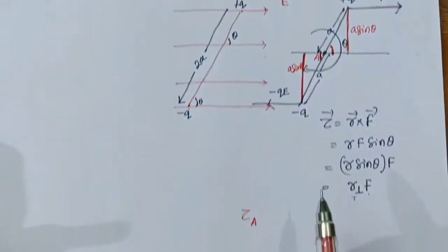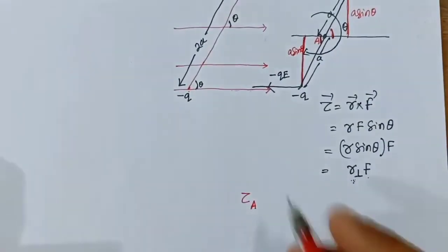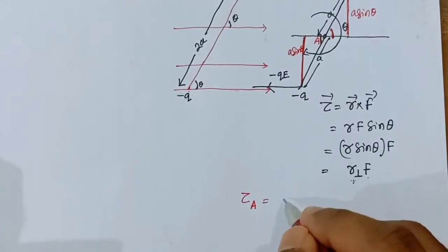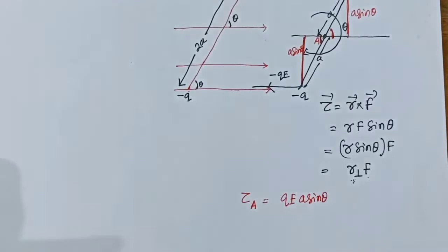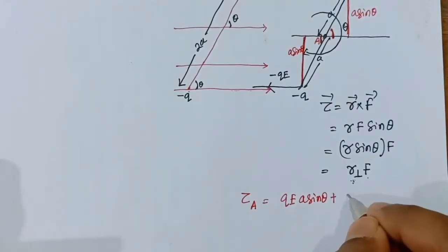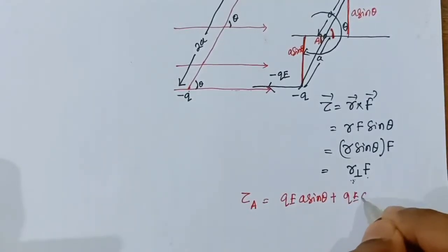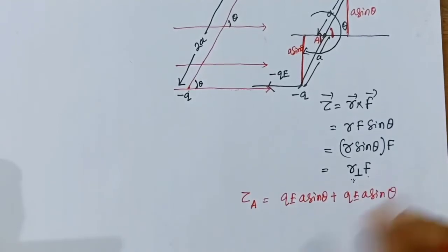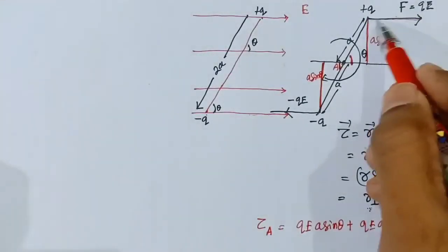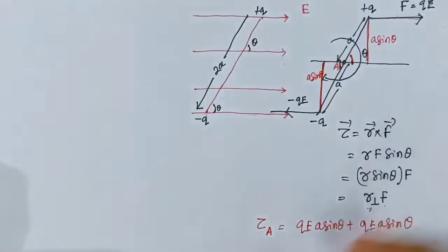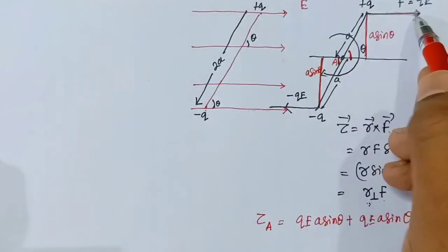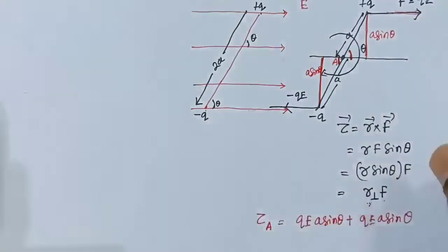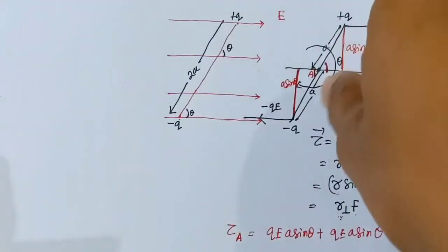So what is the net torque expression at the point A? This is qE a sine theta plus qE a sine theta. This is very clear: the force is qE, and the perpendicular distance is a sine theta. Both forces, if you observe, give rise to a torque into the plane.